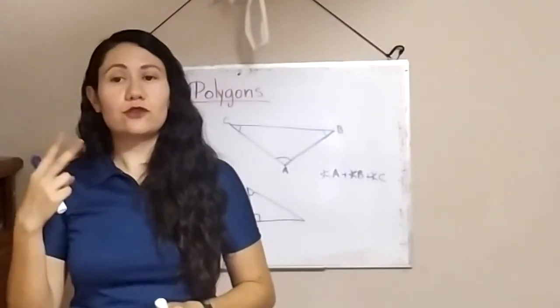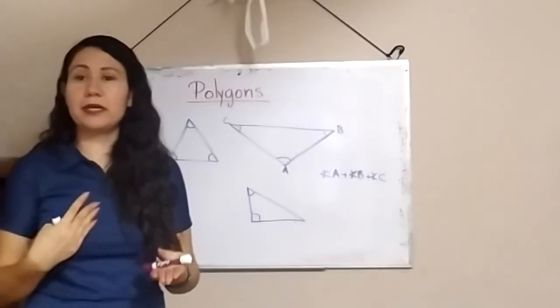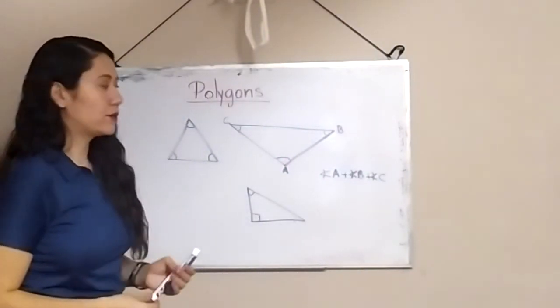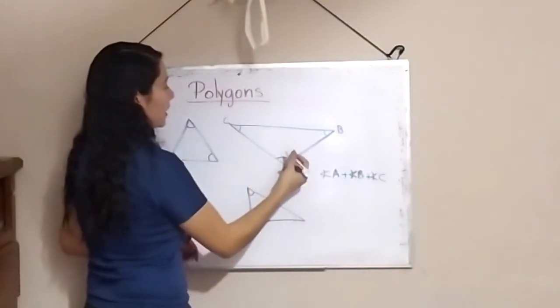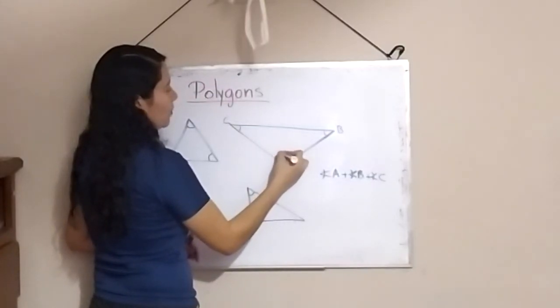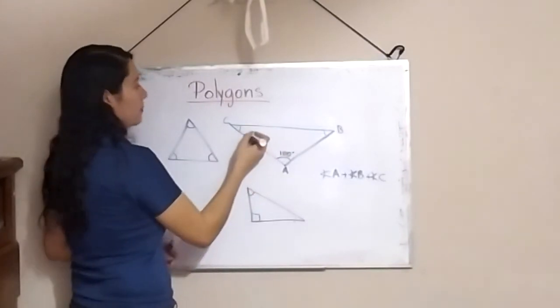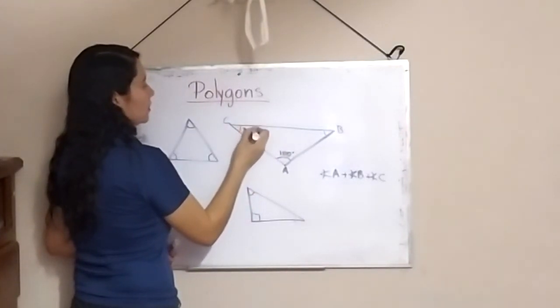So if we have 2 angle measurements and we are missing the third one, we can get it by using an equation. Let's say angle A measures 100 degrees and angle C measures 30 degrees.